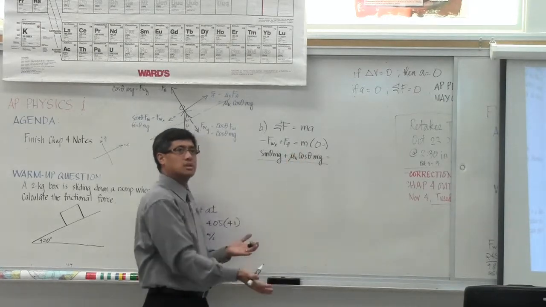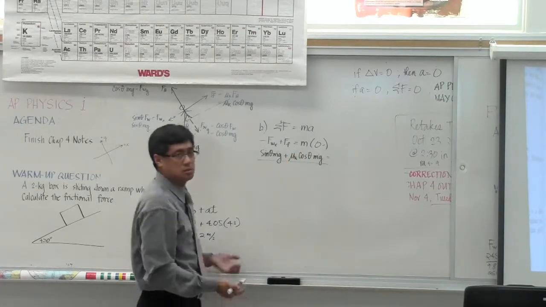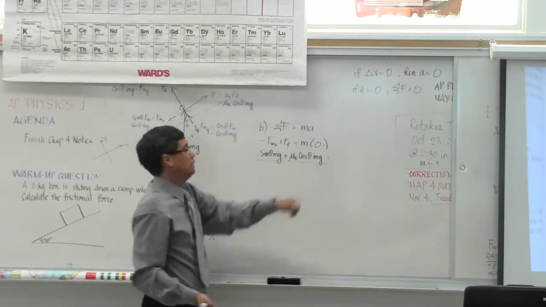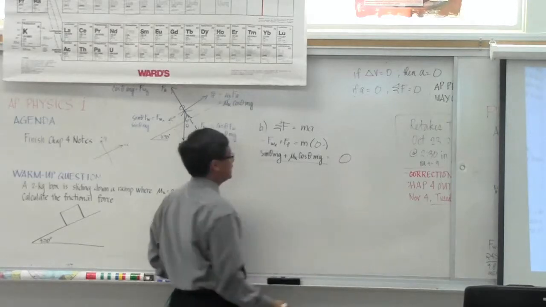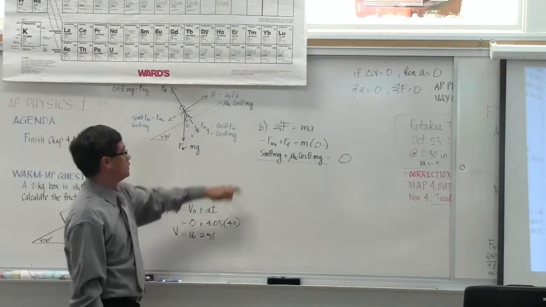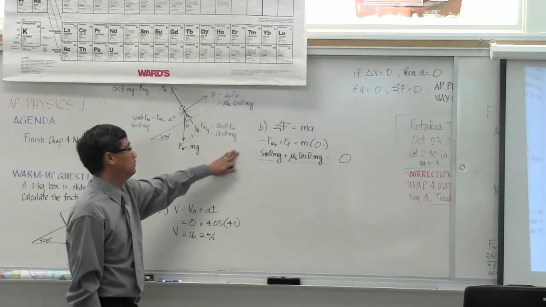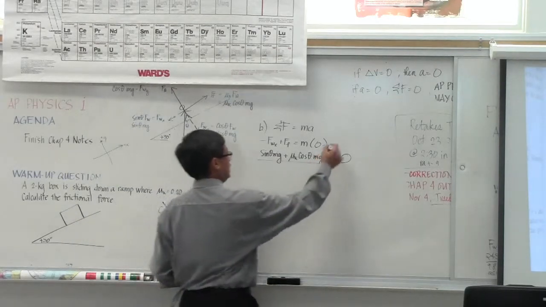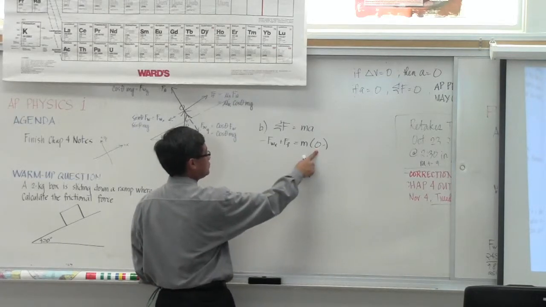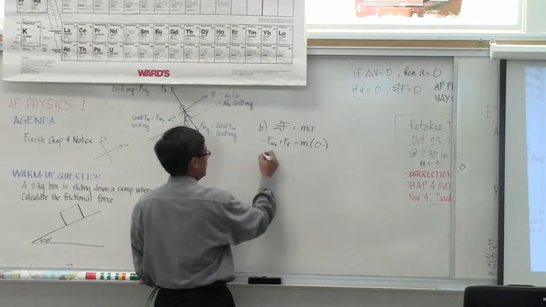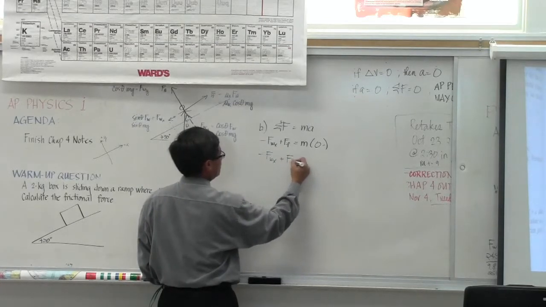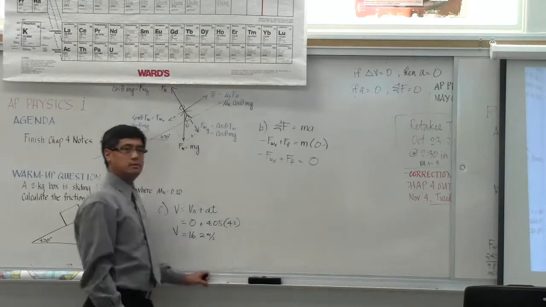Even if the mass of the skier is 1,000 kilograms, which is impossible, 1,000 times 0 would be 0. So therefore, if that's equal to 0, it will now become Fw sub x plus force of friction equals 0.